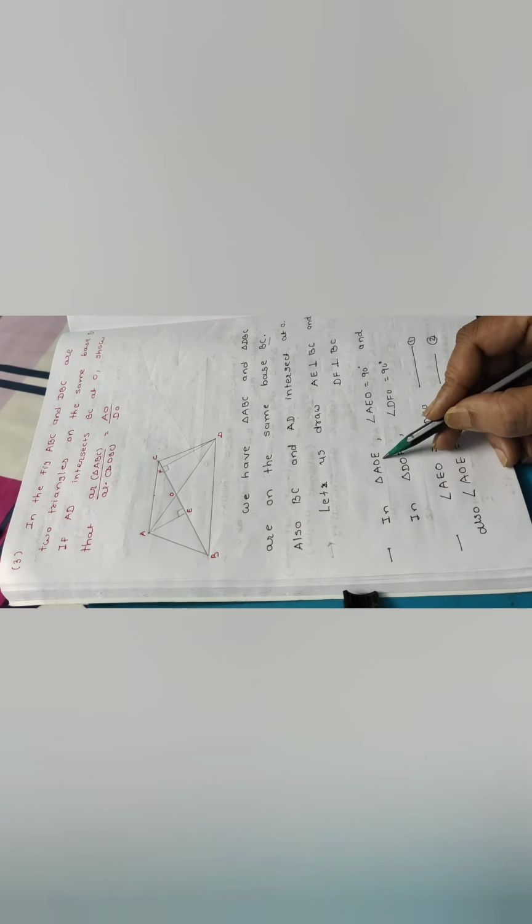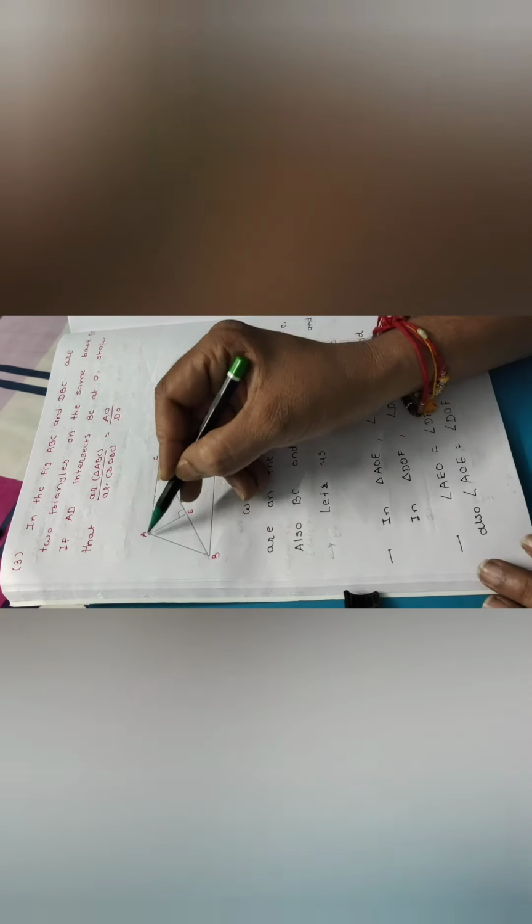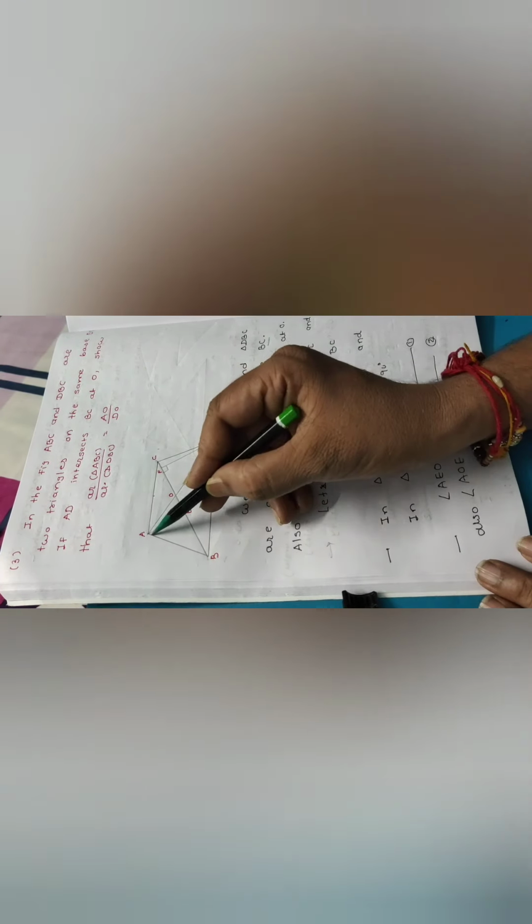Now in triangle AOE and triangle DOF, angle AEO is 90 degrees and angle DFO is 90 degrees, which means these are equal.